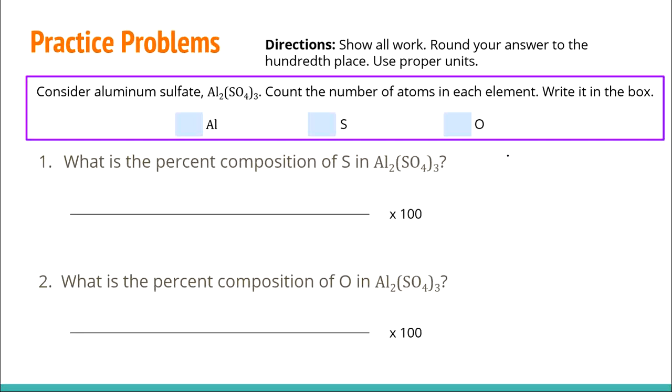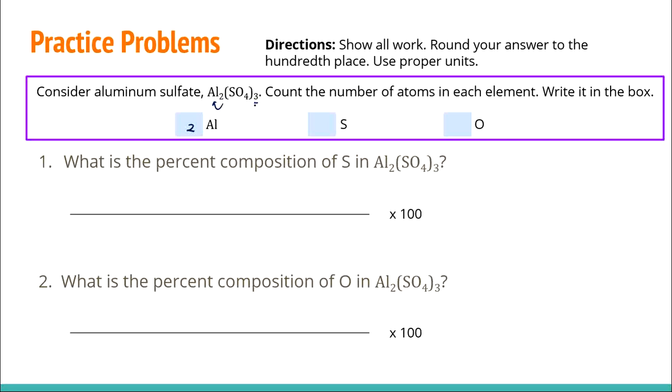Now the next 2 problems have to do with aluminum sulfate. Let's first review how to count the number of atoms for each of these elements for this particular substance. So for aluminum, remember you're looking at the subscript. So for aluminum you have 2. Now for sulfur and oxygen, that is inside the parentheses and we have a number outside of the parentheses. Remember what you have to do?